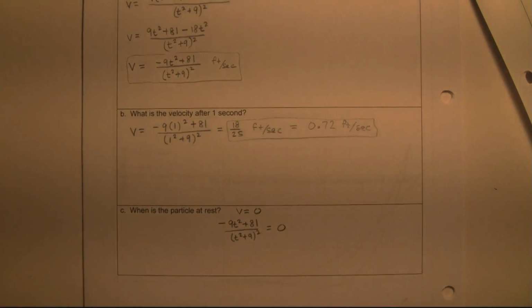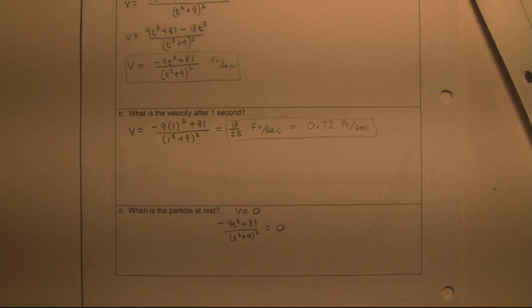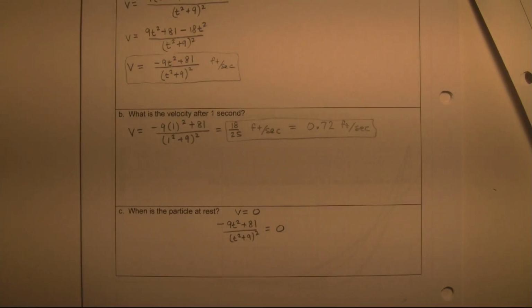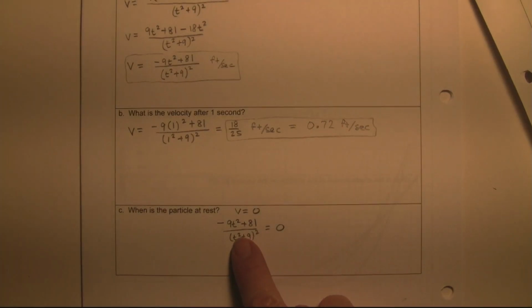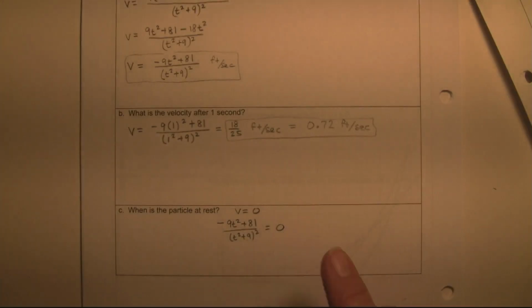And we saw this before in a situation where you have a fraction equal to 0. What you're going to do is multiply by the denominator. And when you multiply by the denominator, it wipes this denominator out, and when you multiply by 0, you get 0 on the other side.